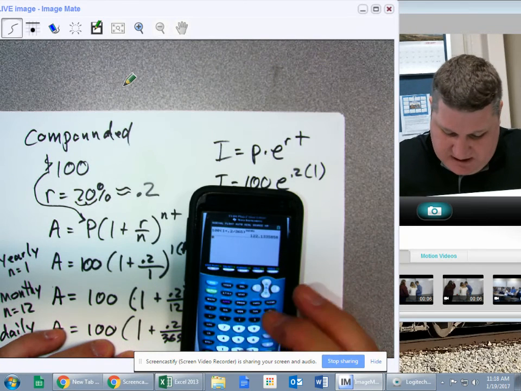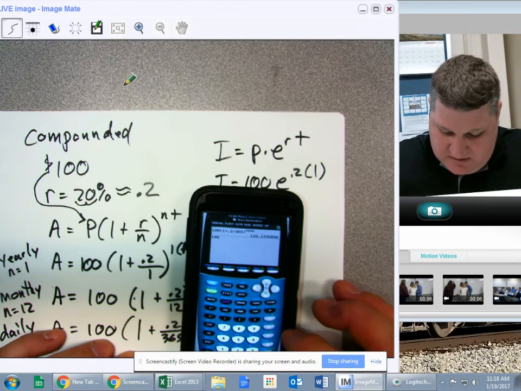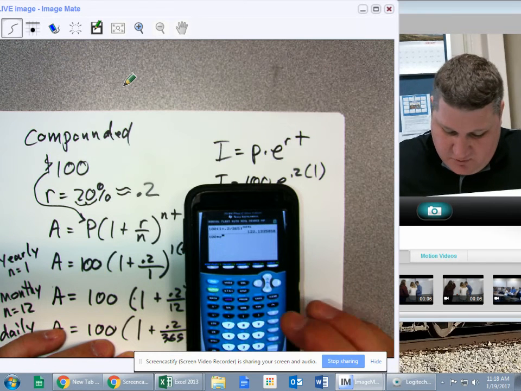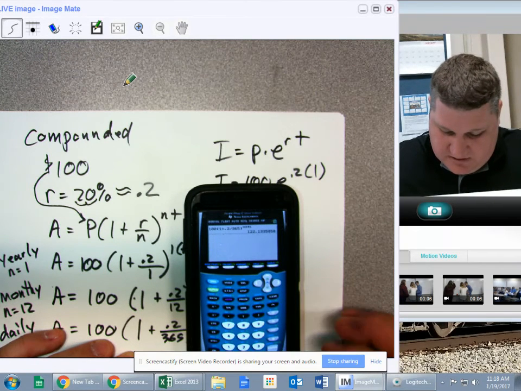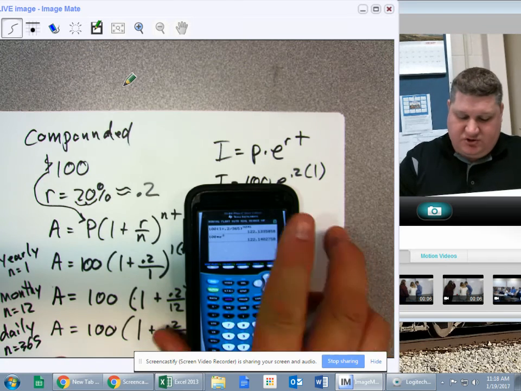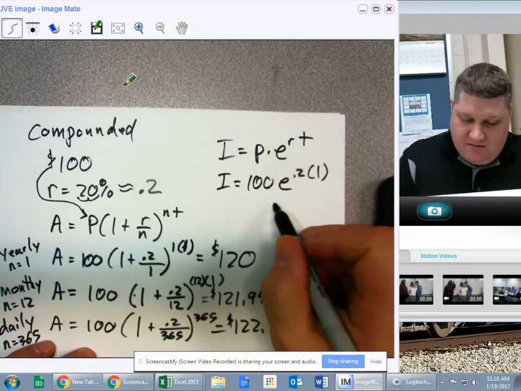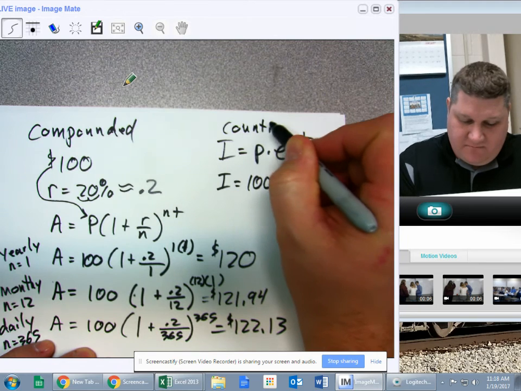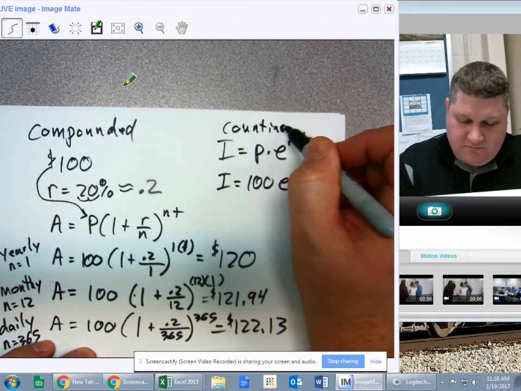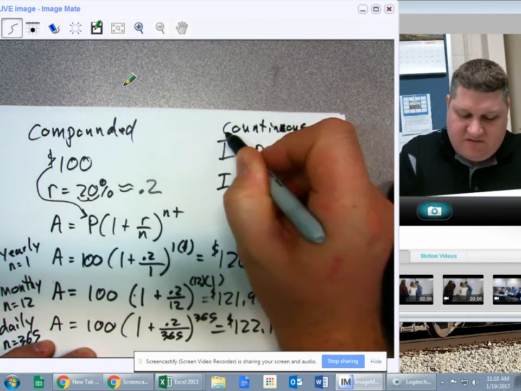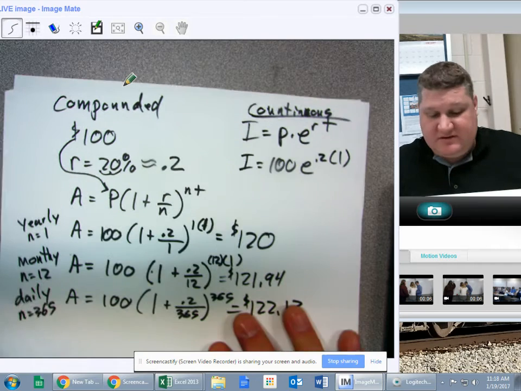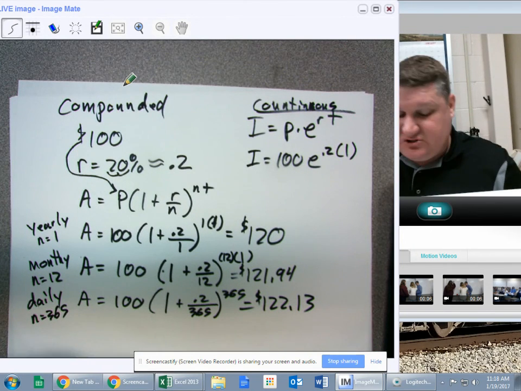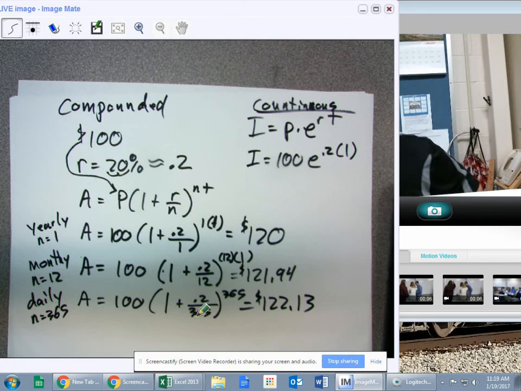I'm going to say 100 times e to the 0.2, enter, 122.14. So that is continuous. Now, you don't need to know this one because that's above your pay grade at this point, but that's where we're headed, okay? And that's exponential functions. So that's what you need to know for that.